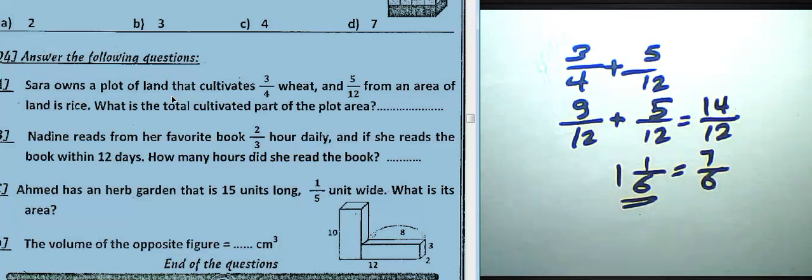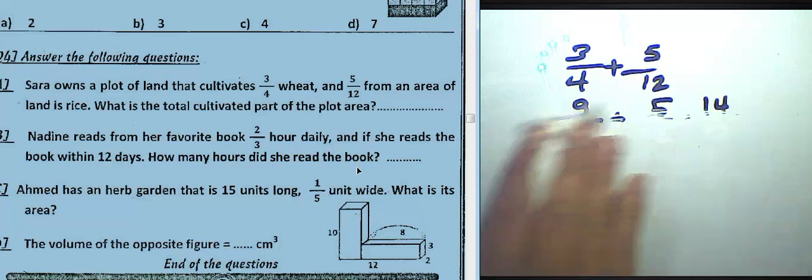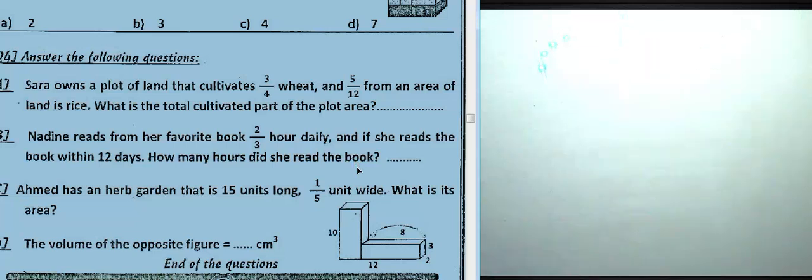Okay, question number 2. Nadine reads from her favorite book 2/3 hour daily, and if she reads the book within 12 days, how many hours did she read the book? We can find the total by multiplication, because she read 2/3 hour daily, and daily means every day.